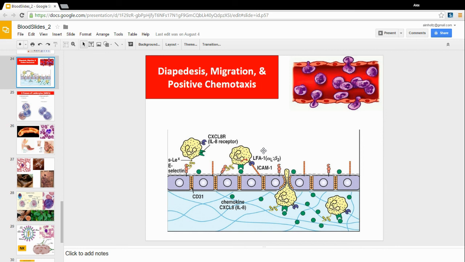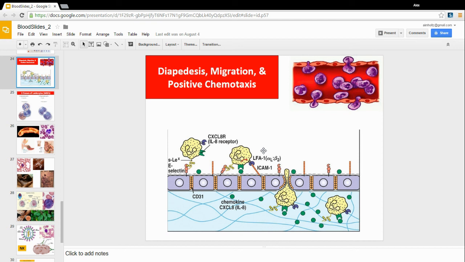But you got to ask yourself, well, how do they know where to go? And what they do is they follow a gradient of chemical cues. So damaged cells, pathogenic cells, release chemicals that attract white blood cells. White blood cells will move towards where the concentration of those chemicals is the greatest.